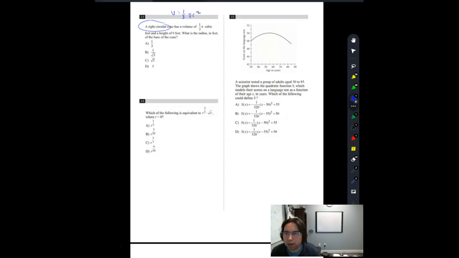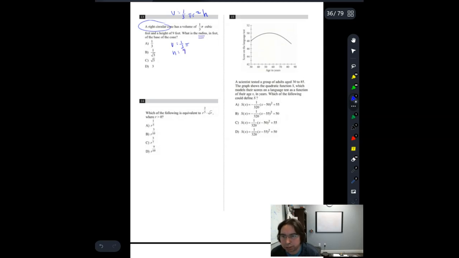It says the volume, so we know that V equals 1/3 pi. And we know the height. Times the height. There we go. I forgot that. Height equals 9.